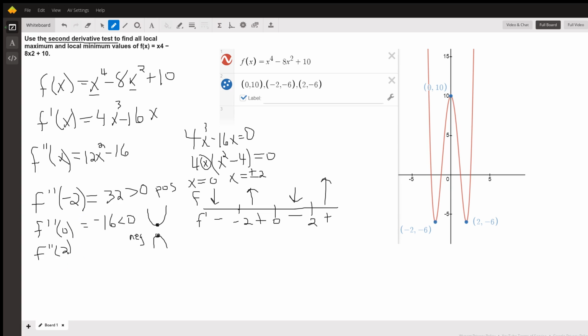It is not the test for concavity. We could find points of inflection and test for concavity by finding where the second derivative is equal to 0, which would be, well, x squared equals 16/12, or 4/3.